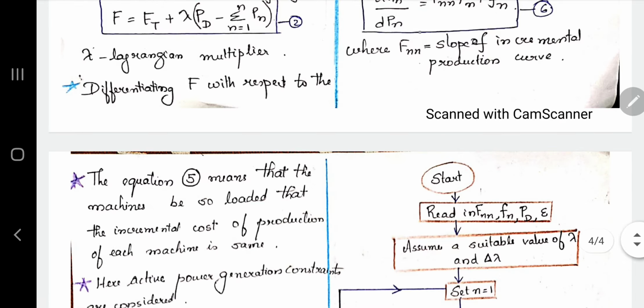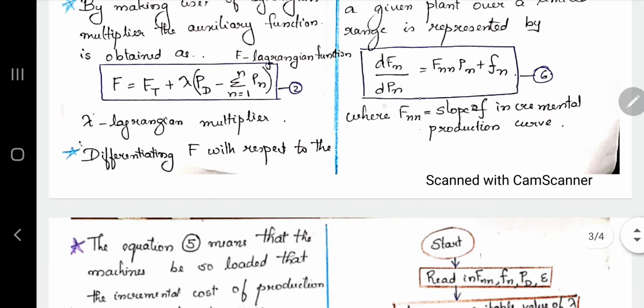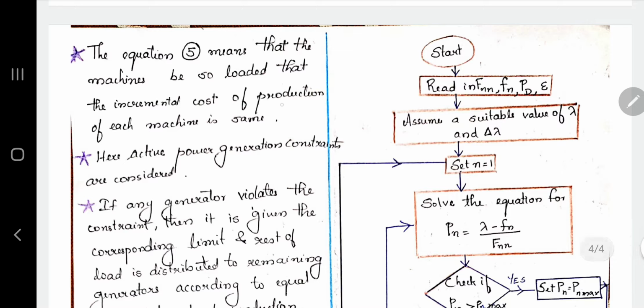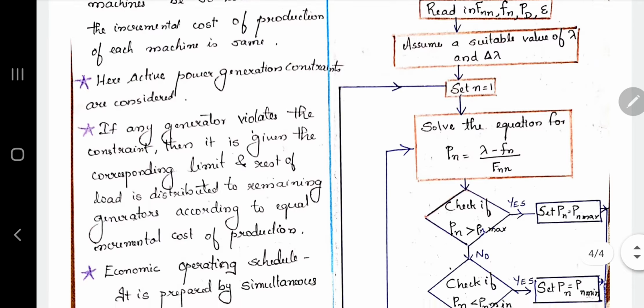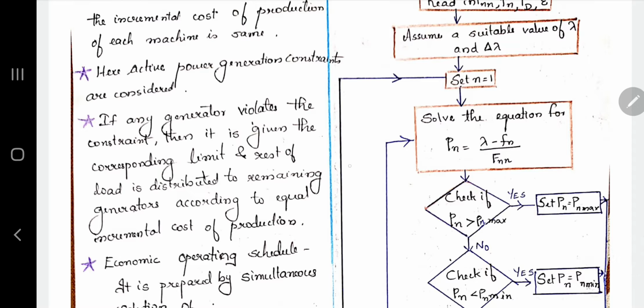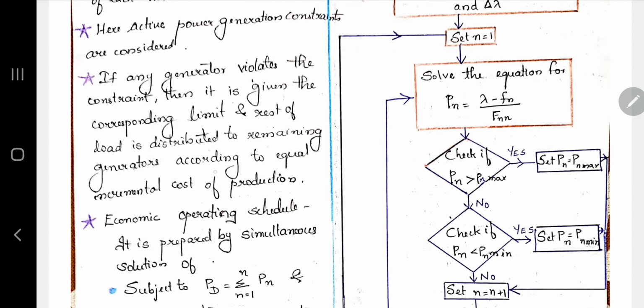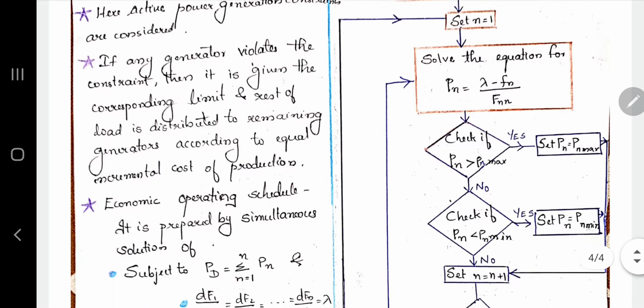Now this fifth equation means that the machines should be so loaded that the incremental cost of production of each machine is same. The incremental cost of production of every machine should be same. That is our optimization solution condition. Now here we have taken the active power as the constraint.